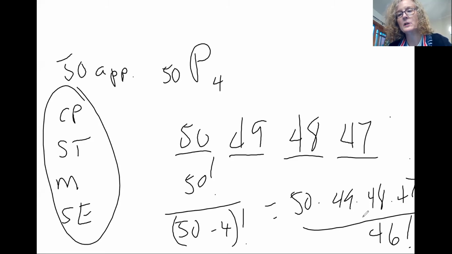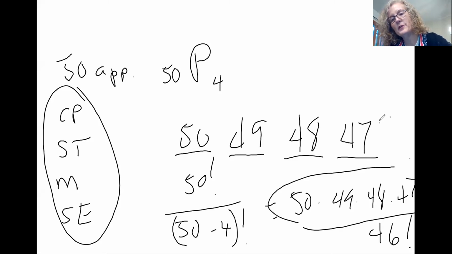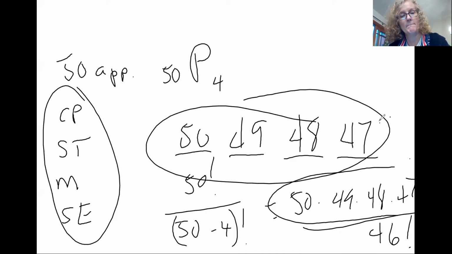The 46 factorials will factor out, so I'd have 50 times 49 times 48 times 47, which is what I've got there.